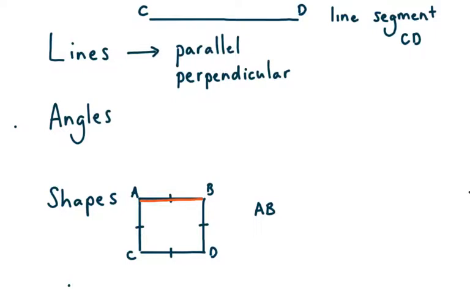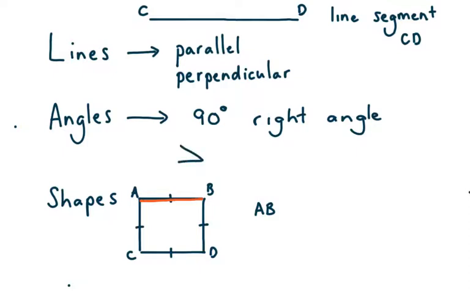Angles are important in both of these other things, lines and shapes. I'm just going to remind you with angles that a 90-degree angle, what do we call it? We call it a right angle. It's what perpendicular angles are, but they're quite important in shapes. You also get acute angles in shapes.